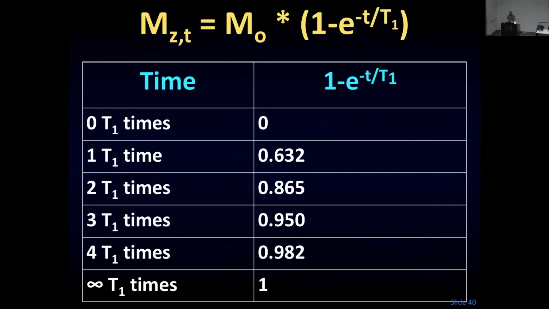What is 63% of 37%? It turns out that's about 22%. So after 2 T1s, you're at 63 plus 22%, you're at 86.5. Now you're about 13.5% away. What's 63% of 13.5? It turns out it's about 9. So you add 9% to this and you get to 0.950, etc.